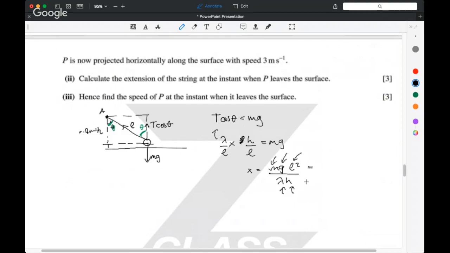And now they want to find the speed. So this was question 2. And now we're on question 3, and we want to find the speed of P at that instance. So the speed of P is going to be whatever speed it was to begin with, but counteracted by this force that's acting against it from the restoring force of the string, the tension of the string.